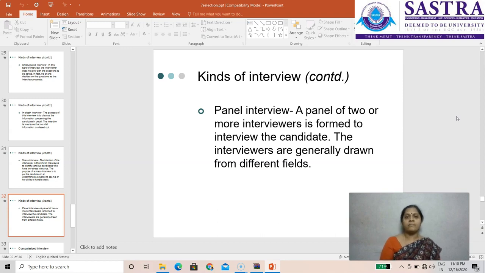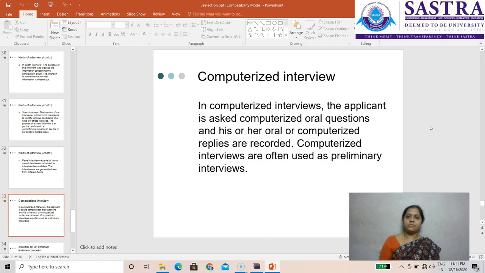One might be from marketing, another from human resources, and another from operations, to see how well the candidate is grounded in all the concepts required for that particular job. So this is called the panel interview, and these are the different kinds of interviews.